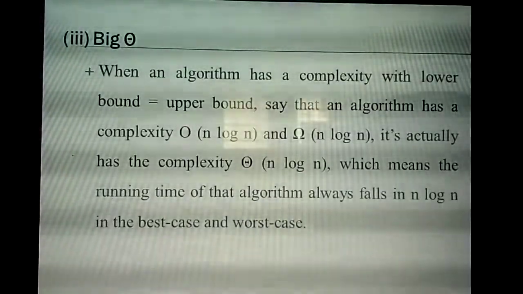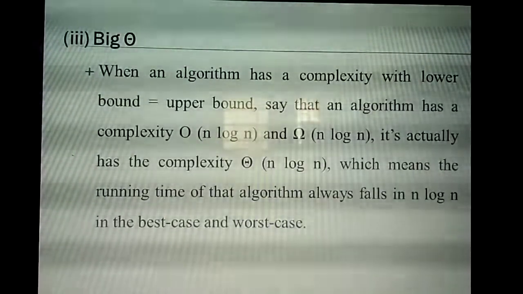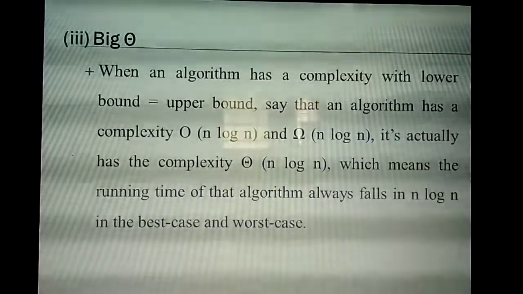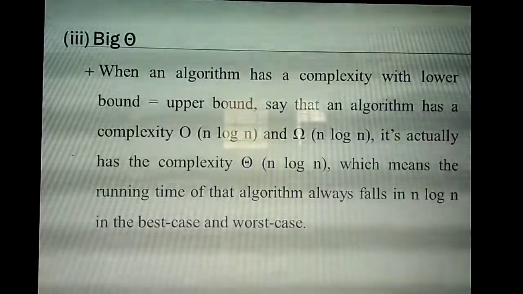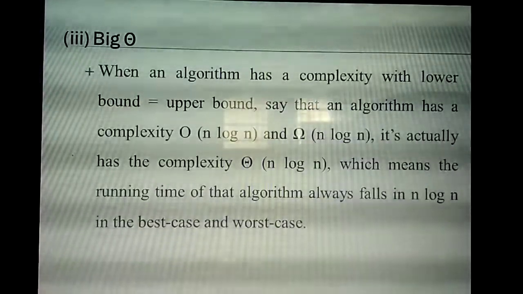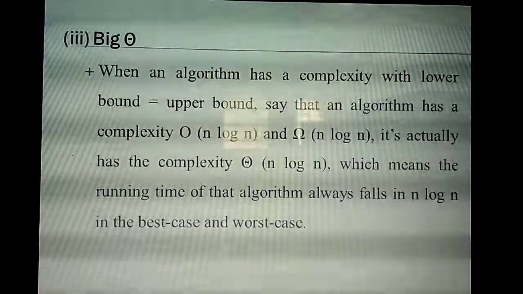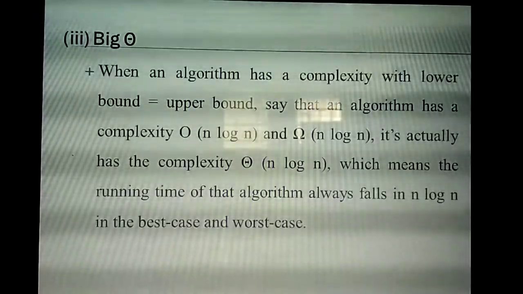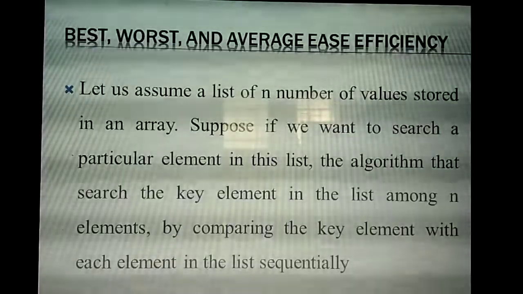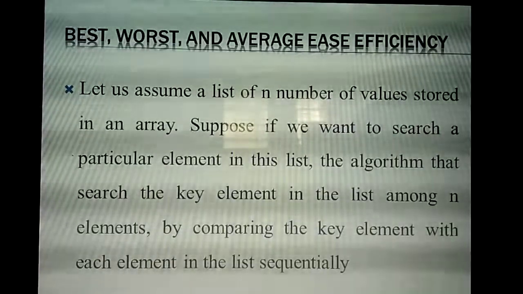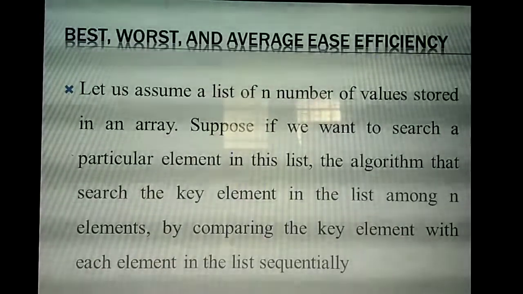If the algorithm falls between upper bound and lower bound, you calculate using this formula. Then theta is the same formula used for the running time of an algorithm. The theta always falls between best case and worst case. Understand? Yes. So to calculate best, worst and average case, they are giving one example.